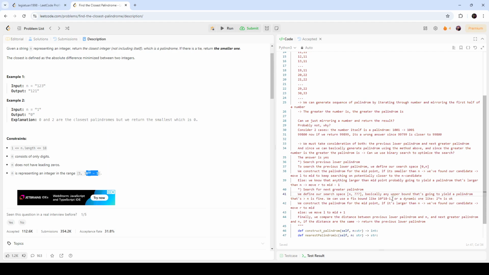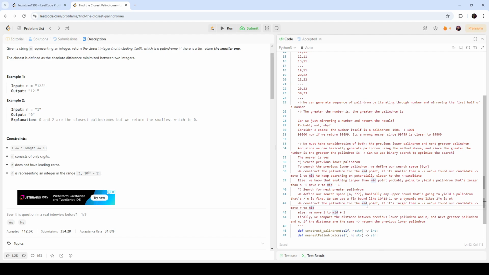Or we can use a dynamic one like 2n, which is okay, because 2n is always going to yield a palindrome that's larger than n, and it's pretty long to prove that, so just leave it behind. And if you feel it's a little bit weird, then you can use this fixed bound. It's up to you.